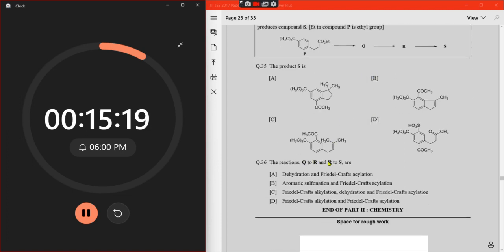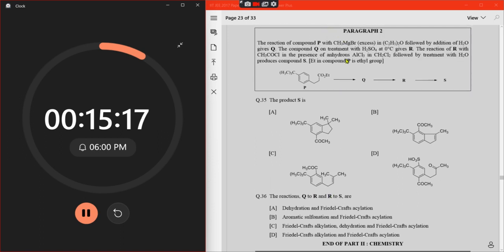Reactions Q to R, R to S, whatever. That forms Q. Compound Q on treatment with H2SO4 gives R. Of course, it's going to form that, right? Yeah. Or it could just go to... Nah, that's probably not what's happening. At 0 degrees, it won't have that much energy.